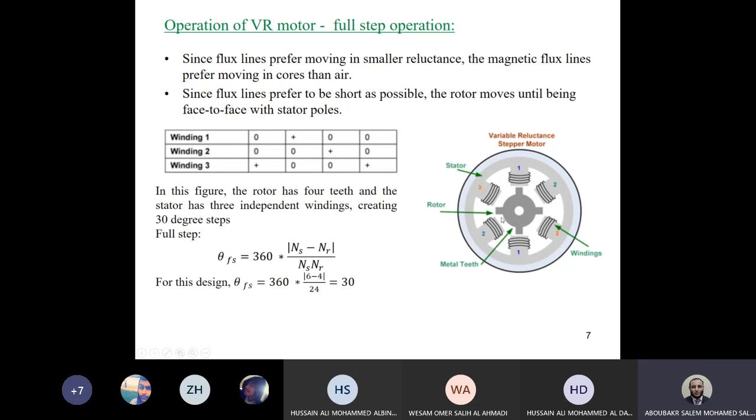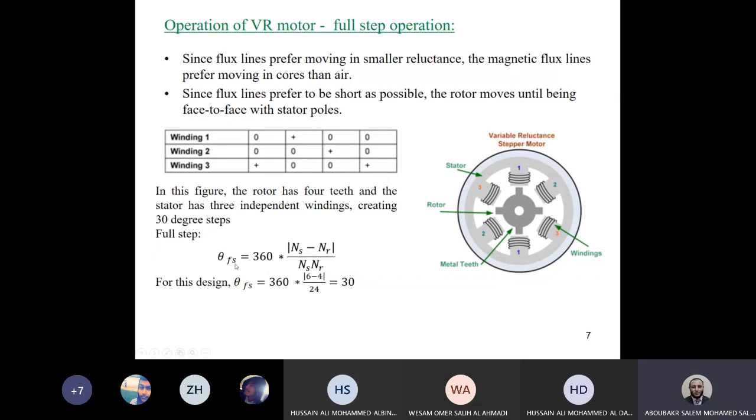What's the relation between the stator teeth, the rotor teeth, and the angle of the step? Simply, the relation is: theta, the step angle, equals 360, which is one complete revolution, multiplied by (ns minus nr) divided by (ns times nr), where ns is the number of stator teeth and nr is the number of rotor teeth.